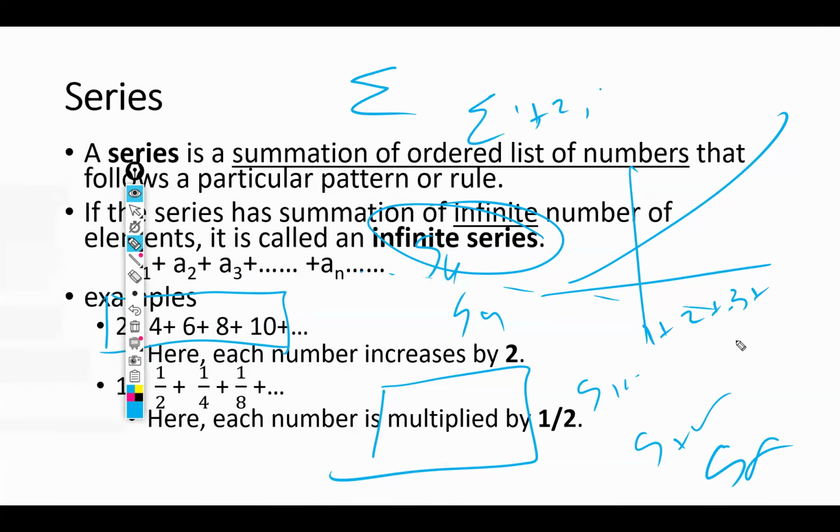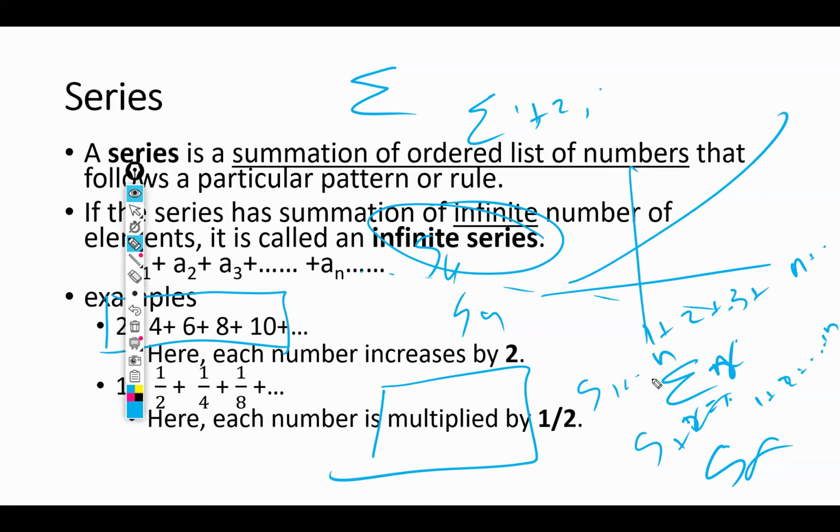Third term is 3, then nth term is n. We write that as sigma r, r equals 1 to n. Because first r is 1, then 2, sigma means sum. Then you stop at n, 1 plus 2 plus up to n.